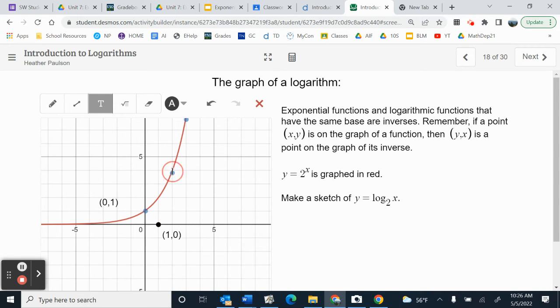Okay, and then notice this point right here, that is the point 2, 4. And so that means the point that I plot for the inverse is over 4 up 2.